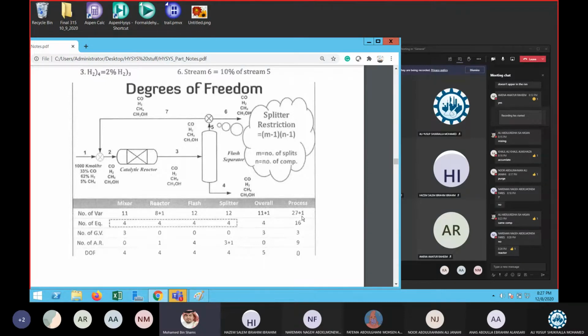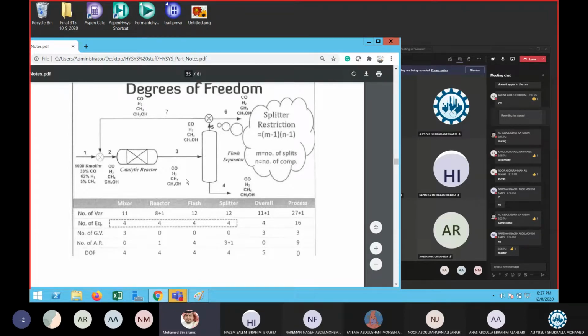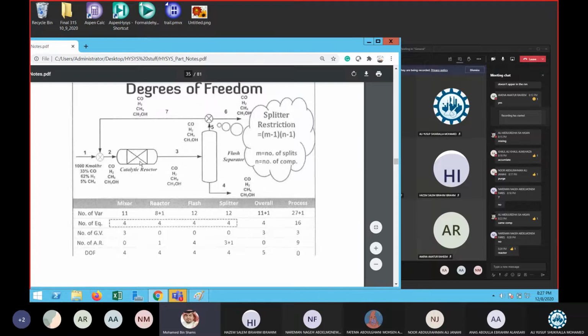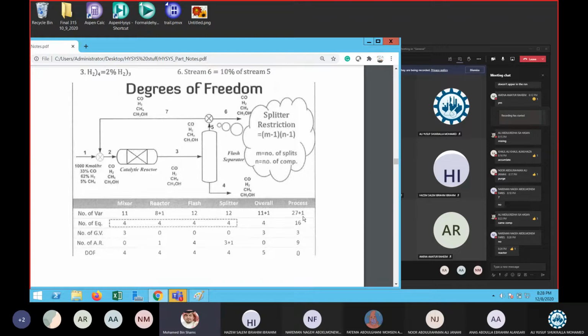What about the process? In the process, we consider everything. So we have 1, 2, 3, 4, 5, 6, 24. And then I have 3 here, which is 27. And I have 1 reaction, so I have 27 plus 1. The number of independent equations I can write: 4 for the mixer, 4 for the reactor, 4 for the flash, 4 for the splitter.